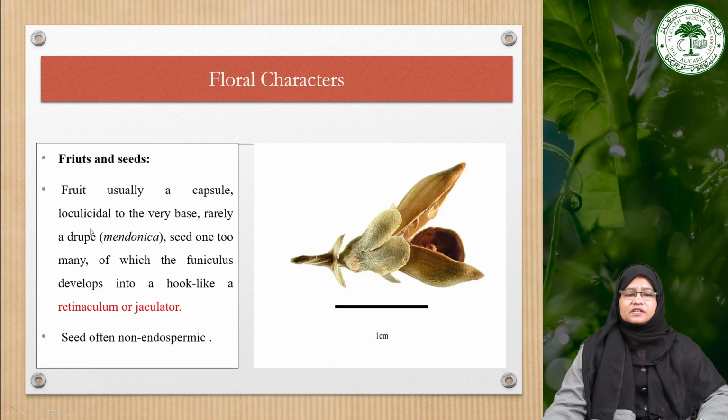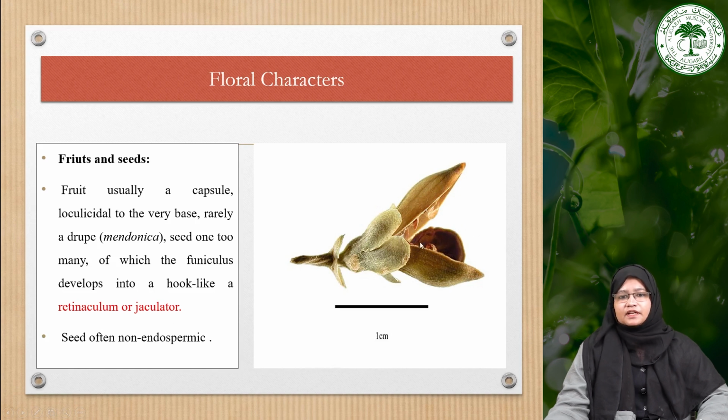Now, moving towards the fruits and seeds of this particular family. Generally, they have a capsule, that is a loculicidal capsule, and sometimes, rarely, a drupe type of fruit, like in the case of Mendoncia, and they have 1 to many seeds, which are funiculus and develop into a hook-like retinaculum or jaculator.